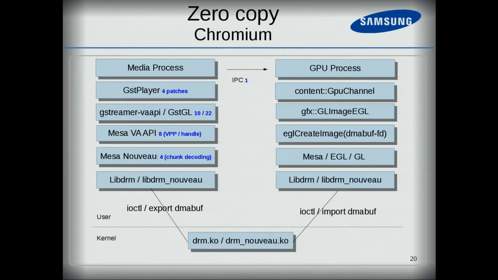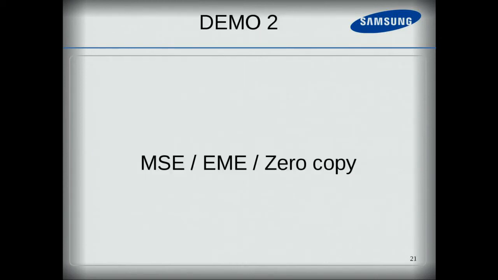We just have implemented the IPC. And then, when it imports, it makes this ioctl call to import the DMA buffer. And hopefully it's a success. So, the demonstration. So far, we now have MSE, Media Source Extensions for YouTube, EME for encryption, and zero copy.